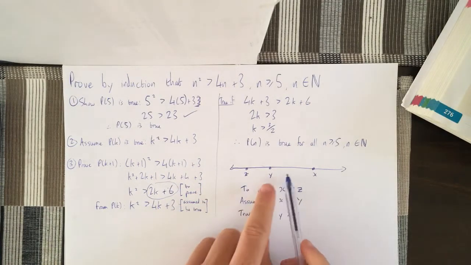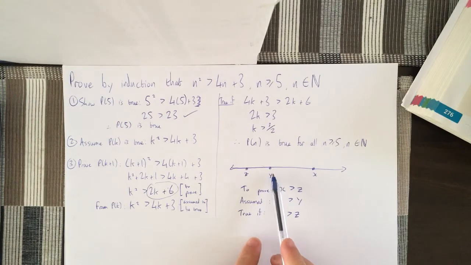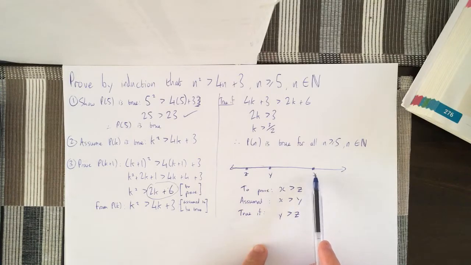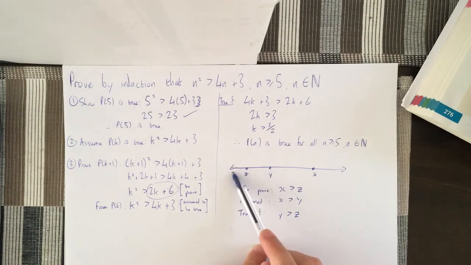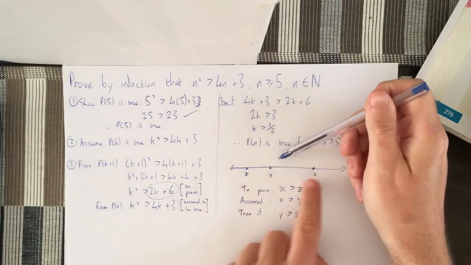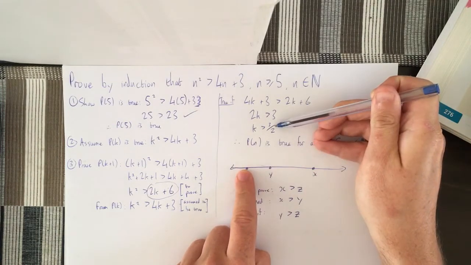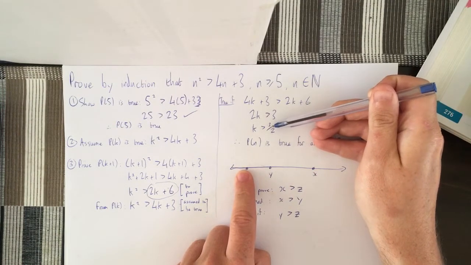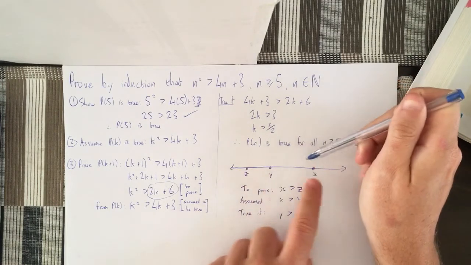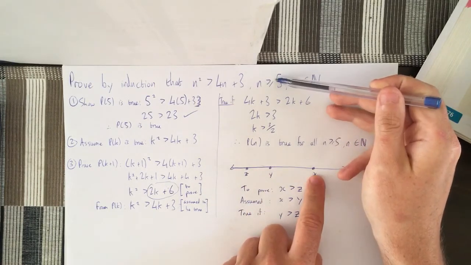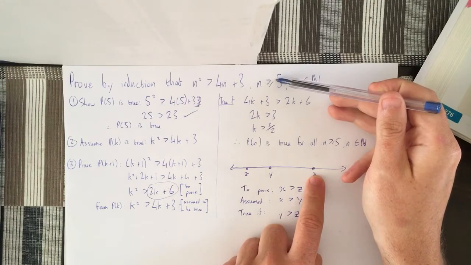So it's possible for the y bigger than z to kick in a little bit earlier than the x is bigger than z. So I'm trying to prove x is bigger than z. It's true if y is bigger than z. It's quite possible that it will look like this, and this bit will kick in for variables, say, bigger than 3/2, but that this doesn't kick in till variables bigger than 5.